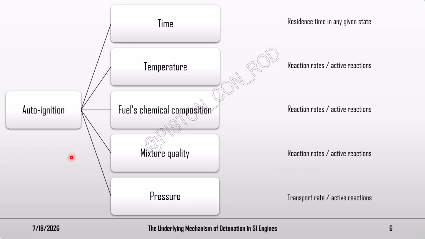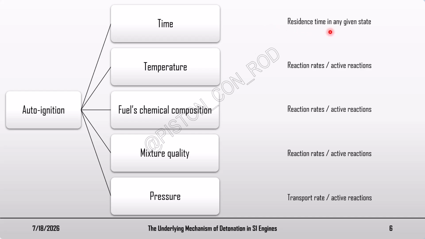Okay, in this slide, we're going to talk about factors affecting the autoignition itself. So we have different factors: time, temperature, fuel's chemical composition, mixture quality, and pressure. So what does the time tell us about autoignition? It tells us the residence time in any given state.